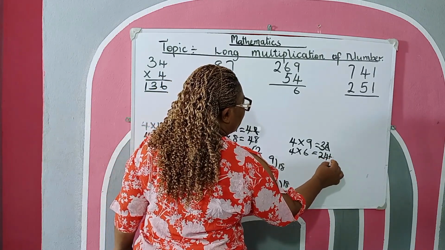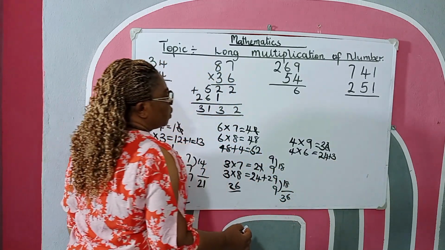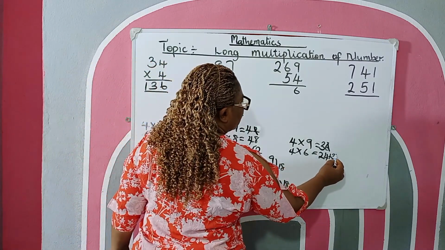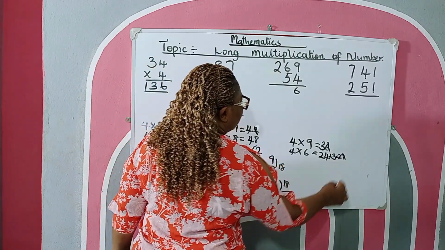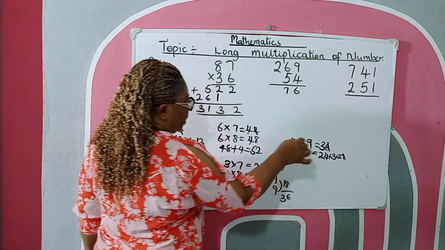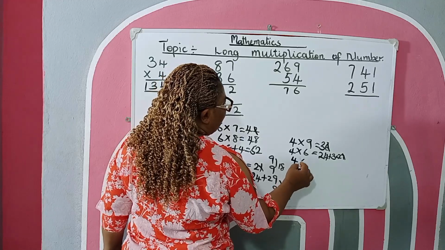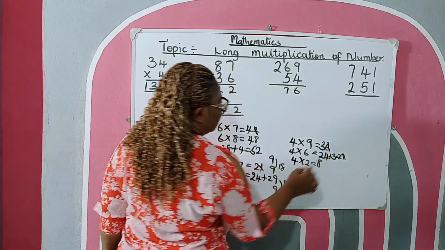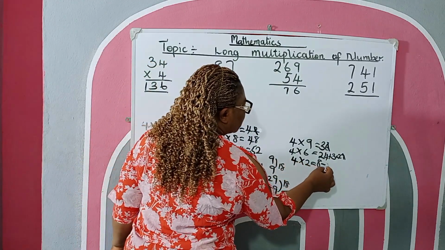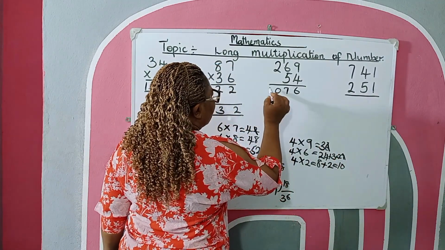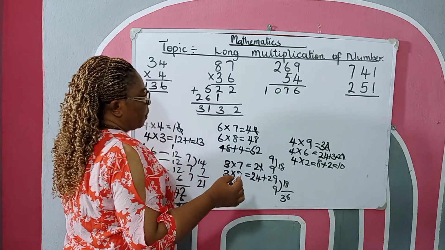Then this 24 plus 3 will give us 27. We write 7. Remaining 2 there. Then 4 again times 2 will give us 8. This 8 plus that 2 that remain will give us 10. And we write 10. Good.